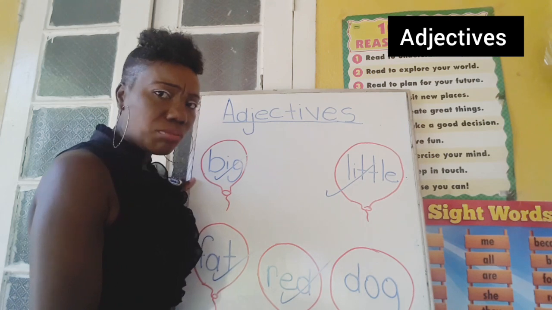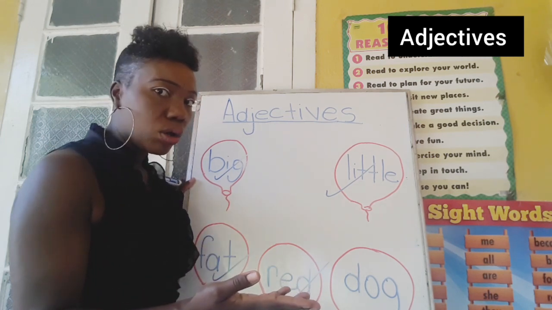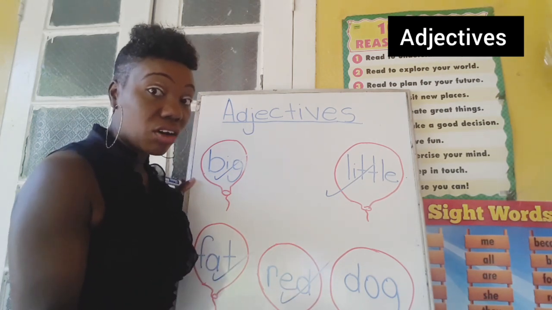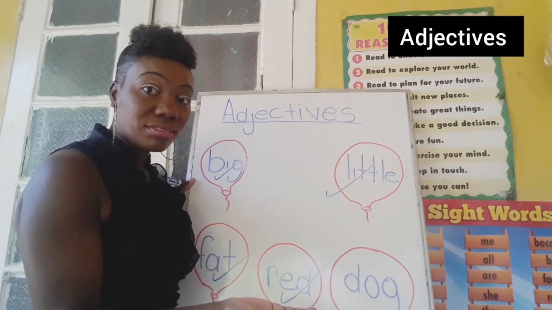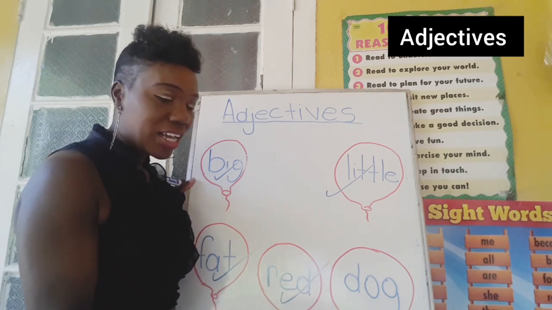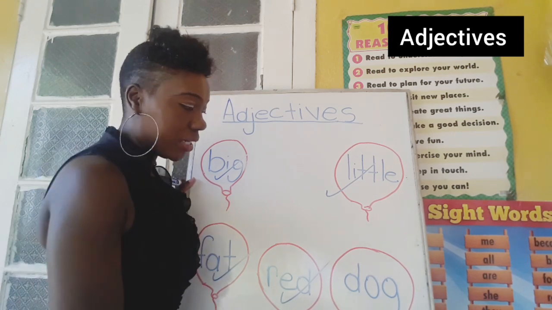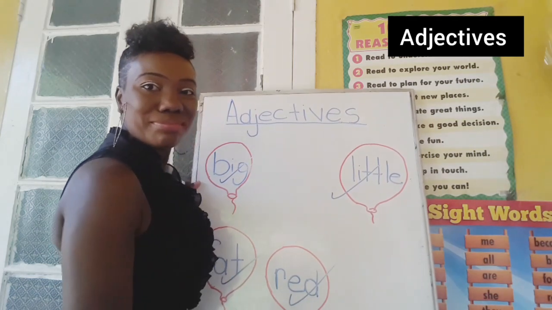Now can we say someone looks like a dog? No, nobody looks like a dog. Only a dog looks like a dog. Can we use dog to describe someone? No, we wouldn't want to do that. So is dog a describing word? No, let's pop it. Pop, pop, pop.